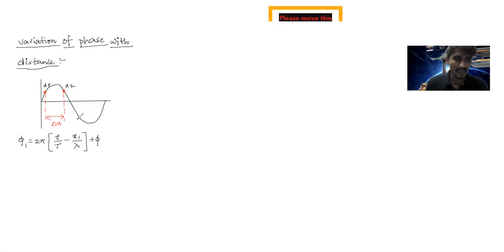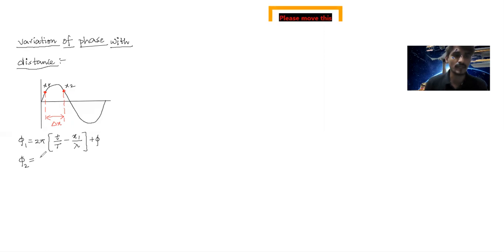First we write phi 1, the phase of the wave at a distance x1. That phi 1 can be written as 2 pi into small t by capital T minus x1 by lambda plus phi. Initially we have seen how to write the phase, right? Then how to write phi 2?